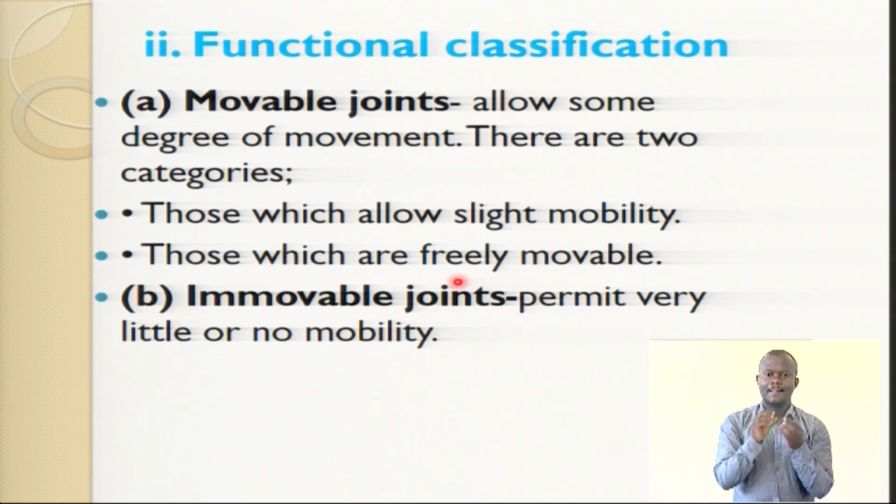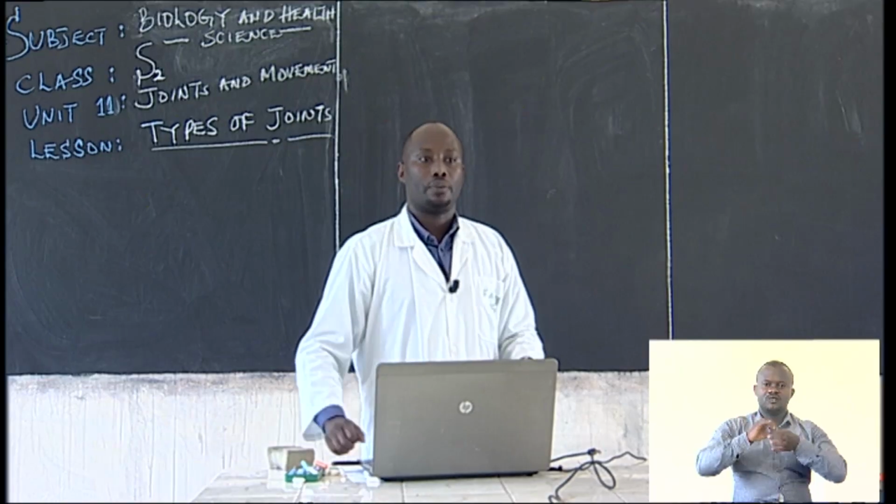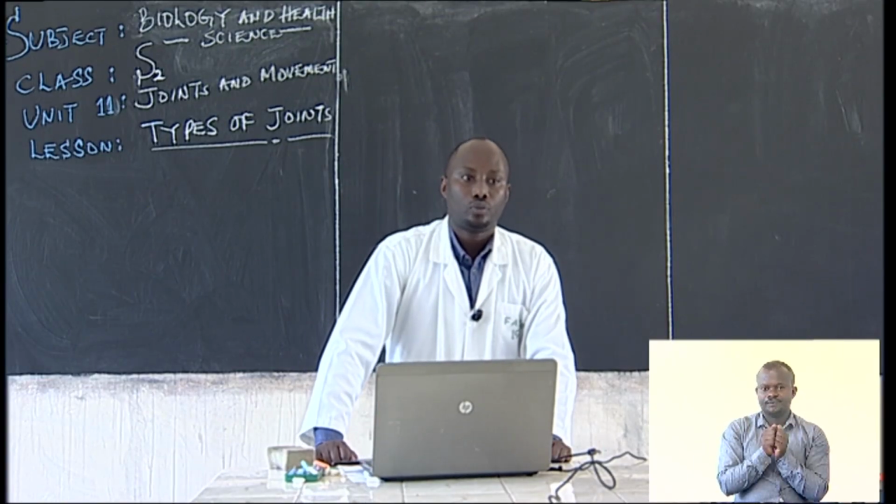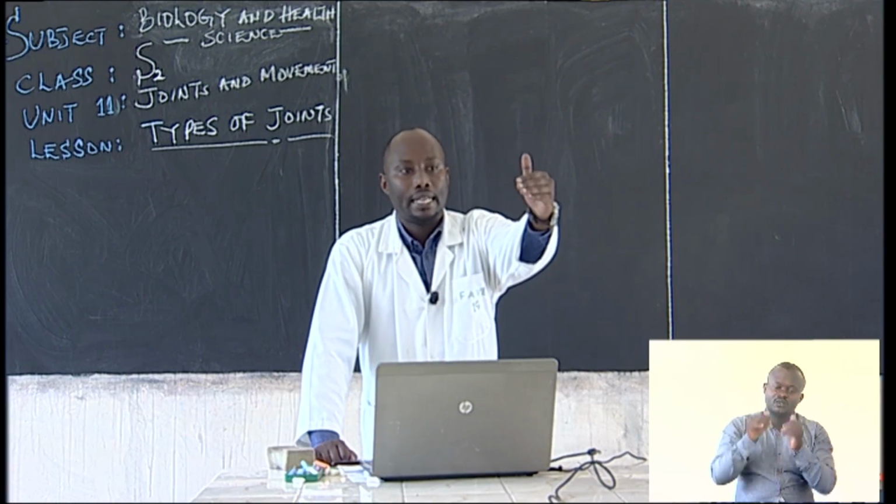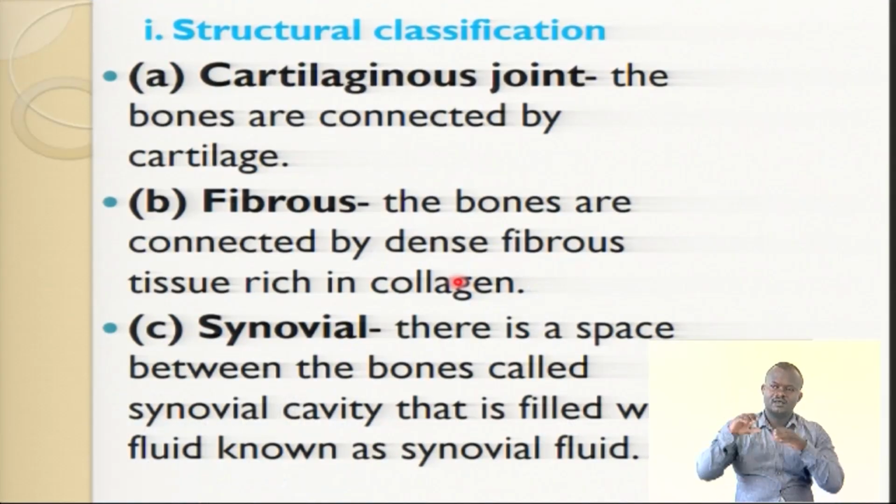Number two, I talked about immovable joints, which permit very little or no mobility, where I talked about the joints of the skull. We tried to classify them, and we talked about cartilaginous joints, fibrous joints, and synovial joints.